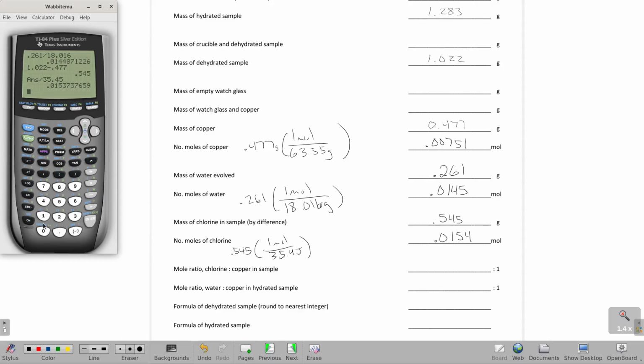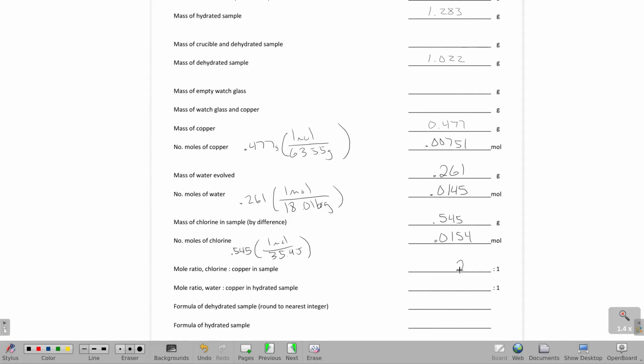And just looking at that, I can see that's almost 2 on the nose. Now, we could write all those numbers, but we are looking for a whole number ratio. I'm going to say that's close enough to 2. I'm just going to say it is 2.